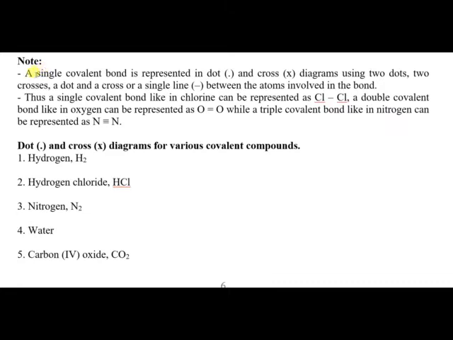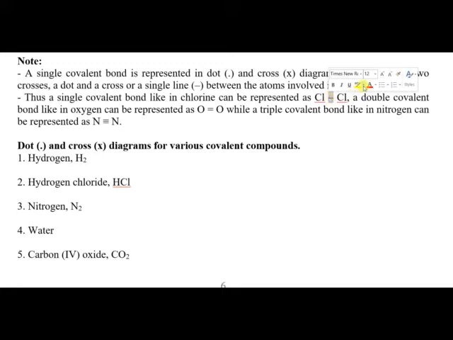Now, there's a note here that a single covalent bond is represented in dot and cross diagrams using two dots. So when you see two dots or two crosses, it means that's a single covalent bond. A dot and a cross, or a single line like this between two atoms involved in the bond, means a single covalent bond. Thus, a single covalent bond like in chlorine can be represented as Cl-Cl.